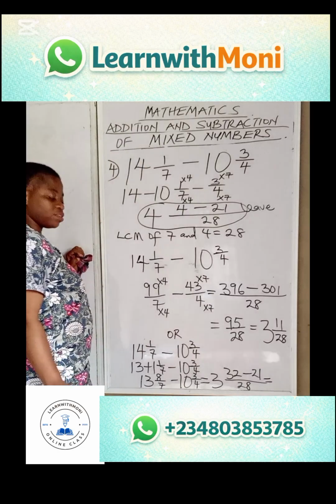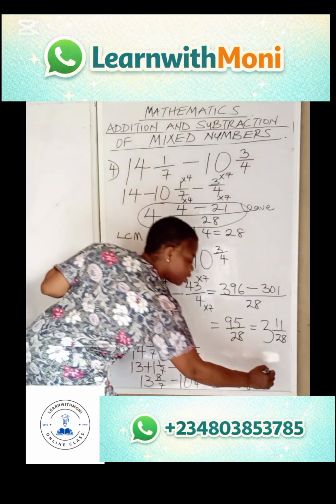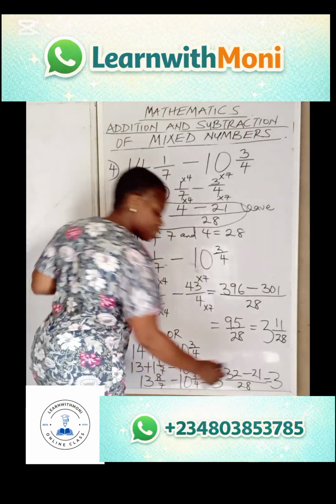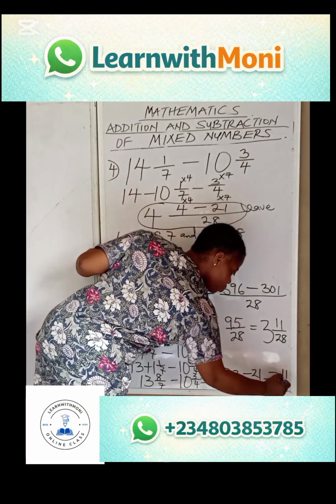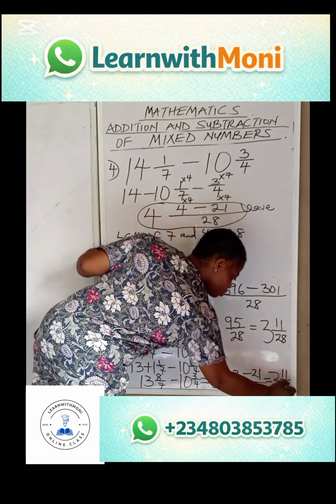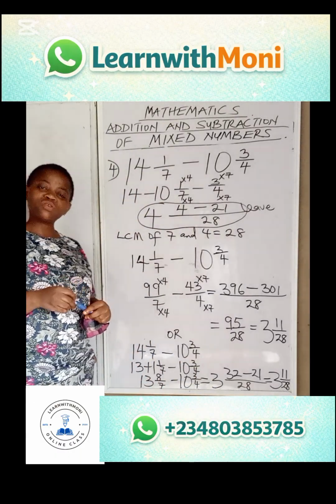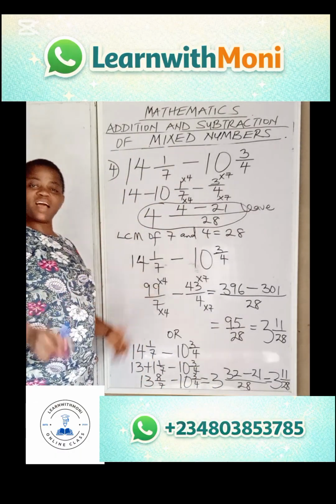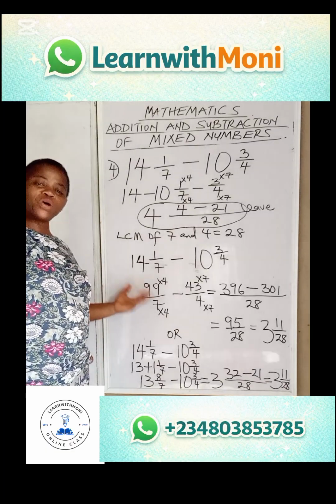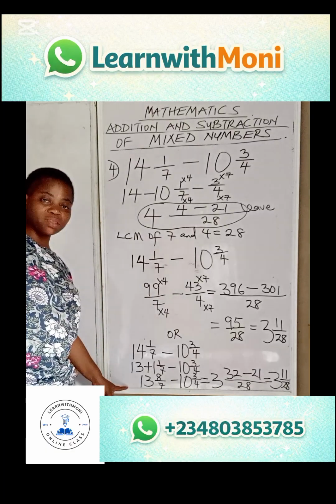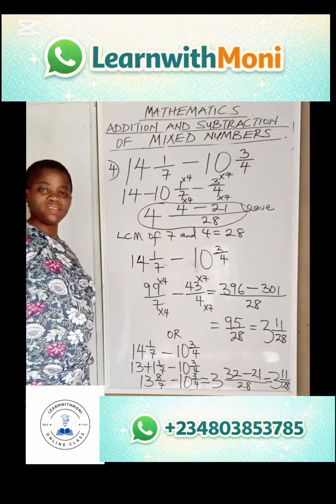So the result of that is going to give us the whole number, which is 3 wholes. 32 minus 21, that is 11 over 28. You are free to choose the method you think is easier for you or you understand better. But I can tell you that using this other method is actually easier.